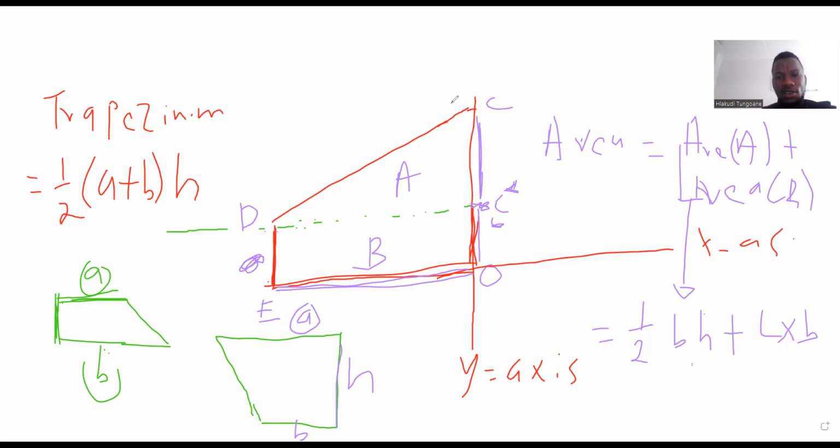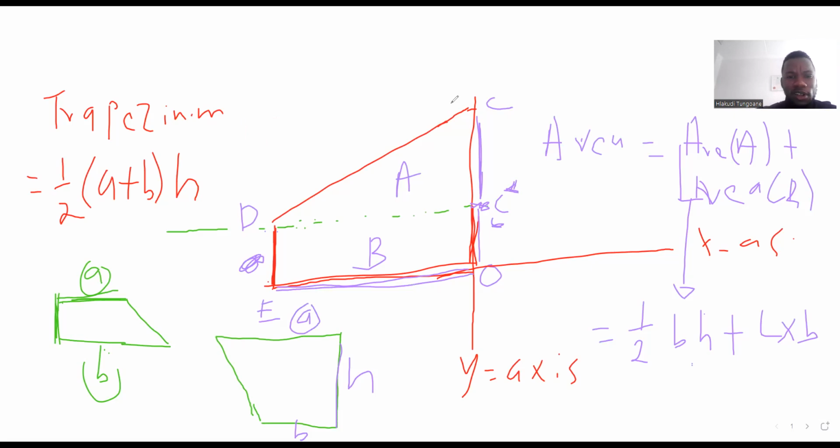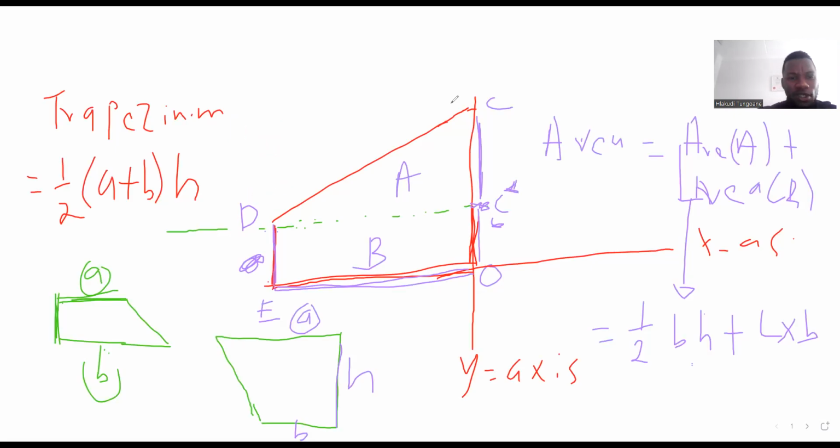Essentially, we need to know the length of OE, because those are important lengths. Then we need to know the length of DE, and remember DE is the same length as OC because they are on the same horizontal line.